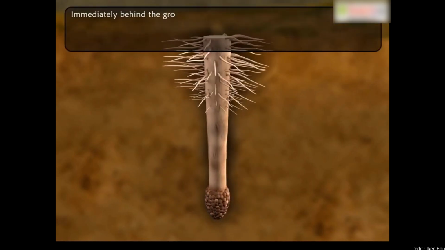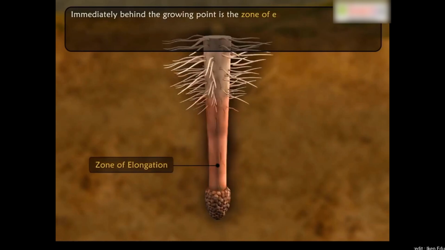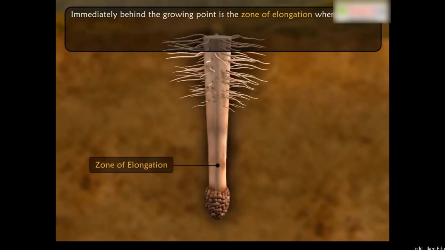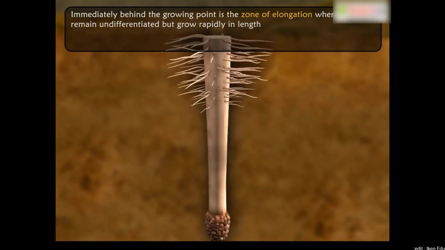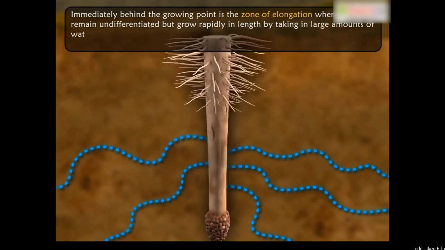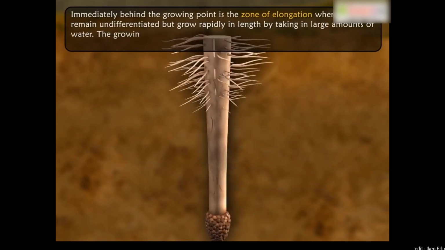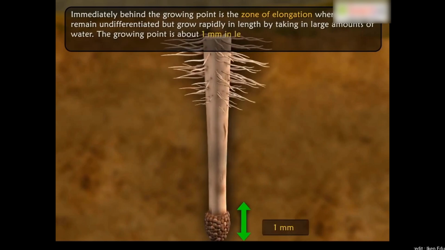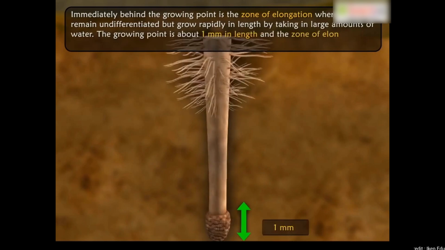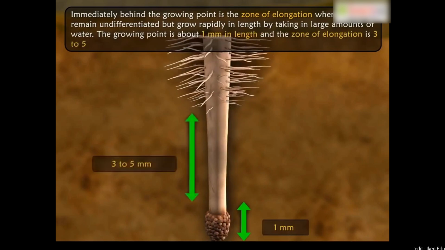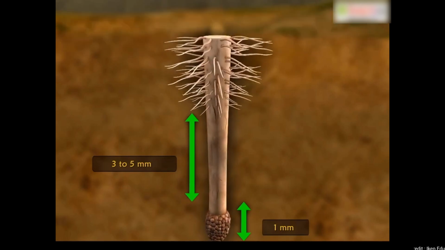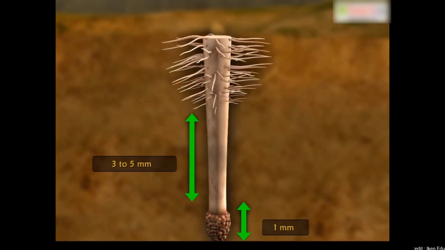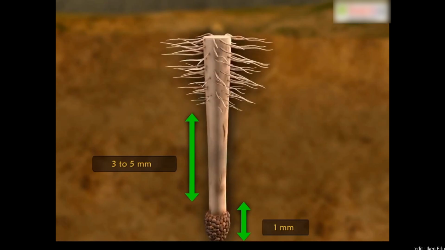Immediately behind the growing point is the zone of elongation, where the cells remain undifferentiated but grow rapidly in length by taking in large amounts of water. The growing point is about 1 millimeter in length and the zone of elongation is 3 to 5 millimeters long. These two are the only parts of the root that account for the continued elongation of the root.